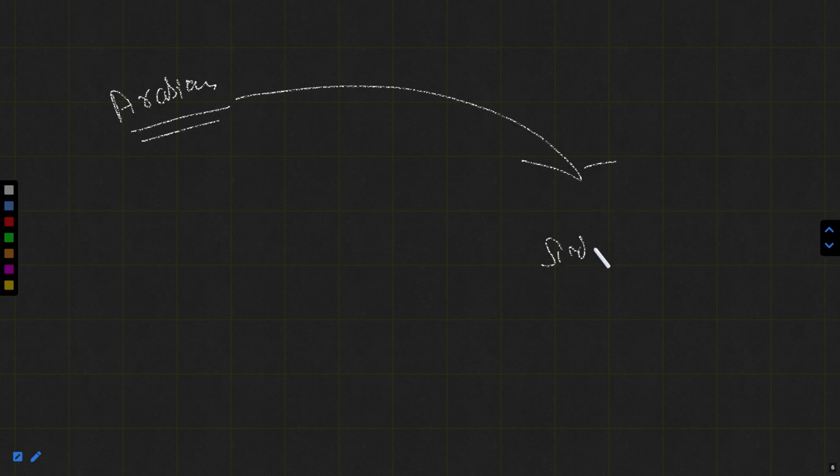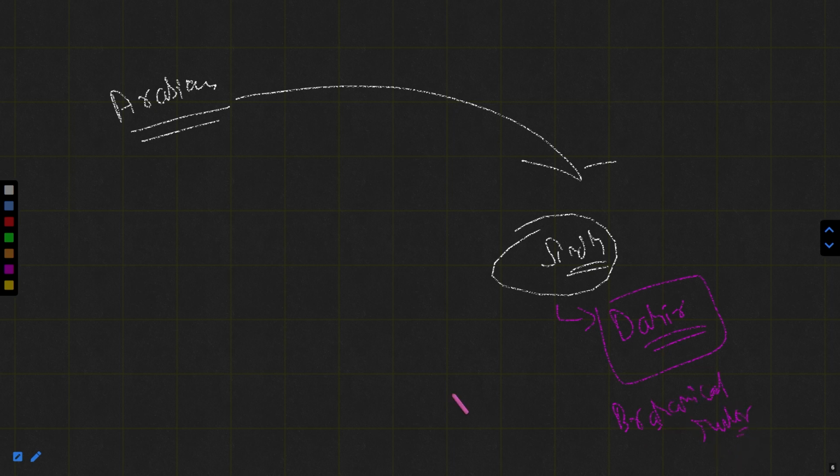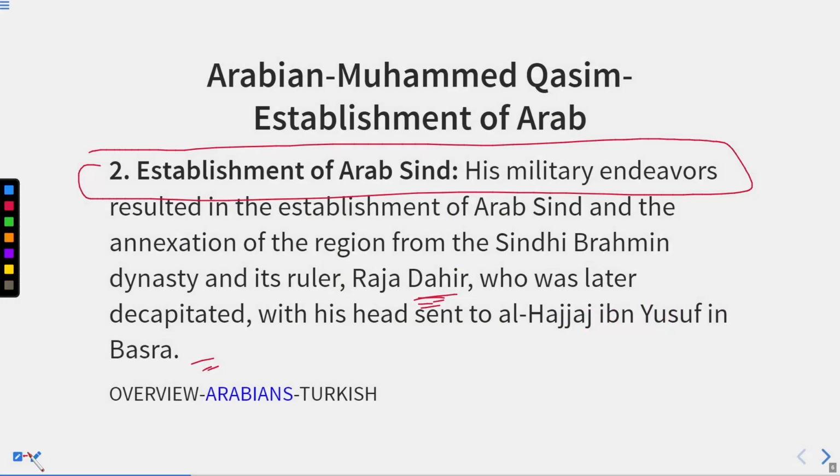attacked Sindh. Okay, so Sindh was basically under control of whom? Dahir. Okay, Dahir was the Brahmin ruler. And Arabians were basically the Muslims. So when they attacked Sindh, they basically fought with Dahir, and they defeated Dahir in the Battle of Sindh.